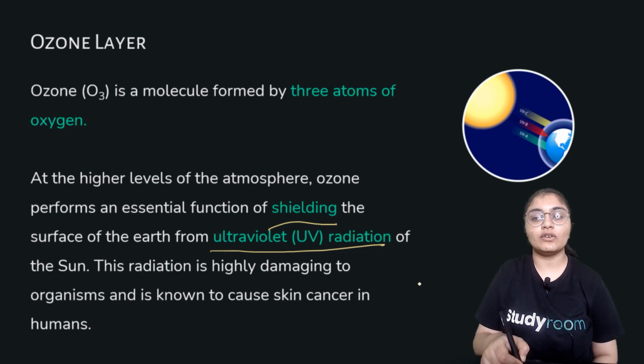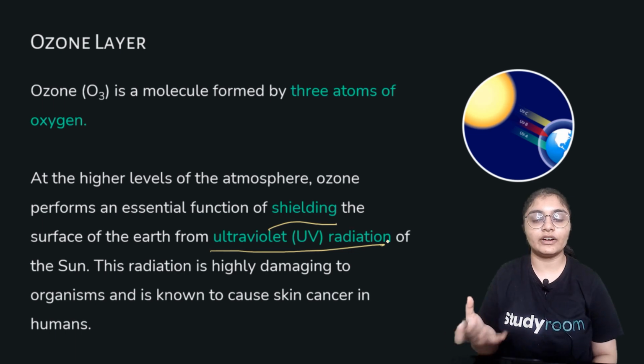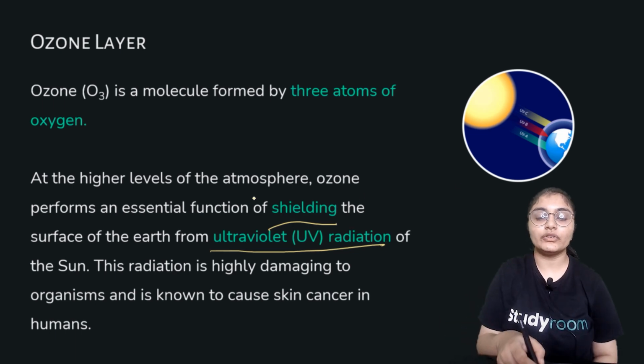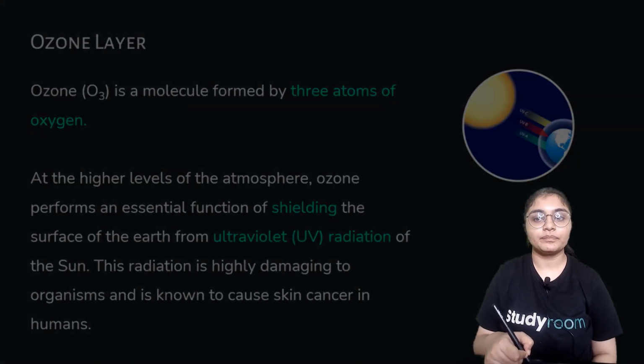While O2, which we generally refer to as oxygen, is essential for all aerobic forms of life, ozone is a deadly poison. But still, ozone helps to shield the ultraviolet radiation in our atmosphere and saves us from these harmful UV rays.